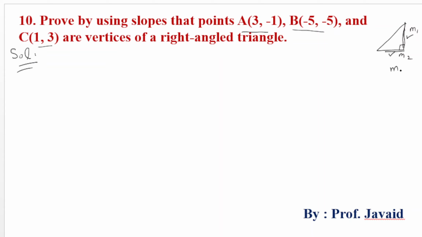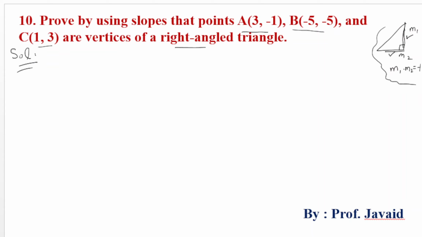Then the product m1 times m2 must equal -1, because these lines are perpendicular. So we will find the slopes of AB, BC, and AC. If the product of any two lines equals -1, then they are perpendicular, so they form a right angle triangle.